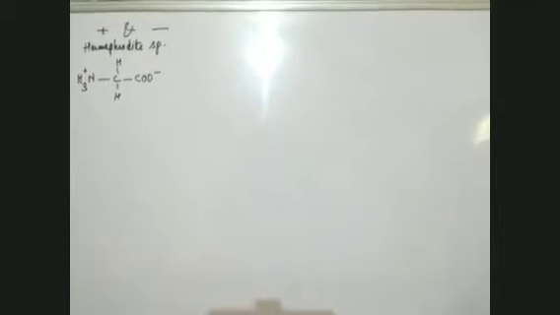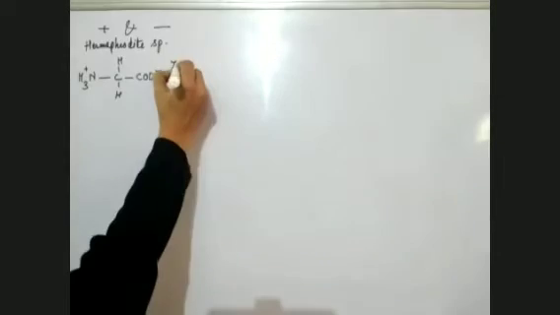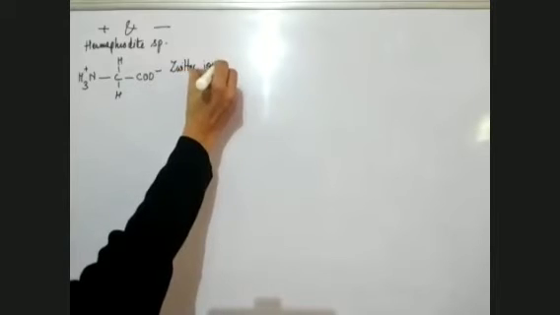So this amino group gets a positive charge and becomes H3N+, whereas this gets a negative charge and becomes COO-. So this is a Zwitter ion. It is a hermaphrodite species, which is seen in the case of amino acids.